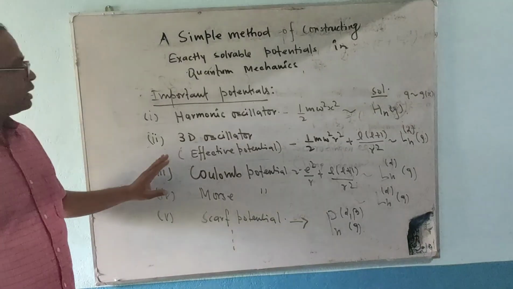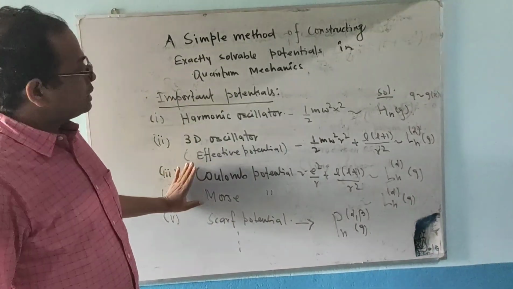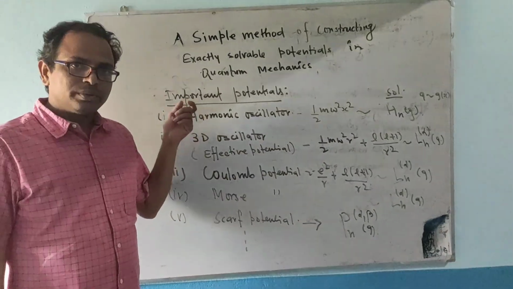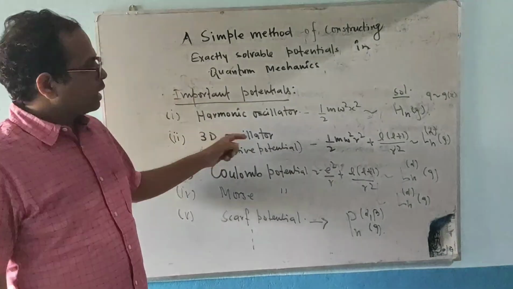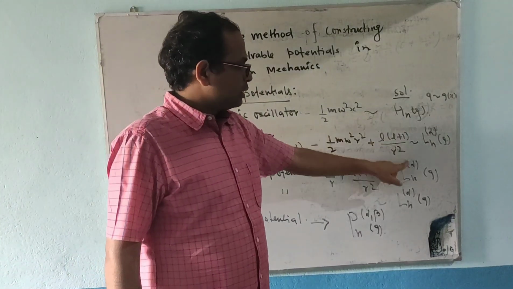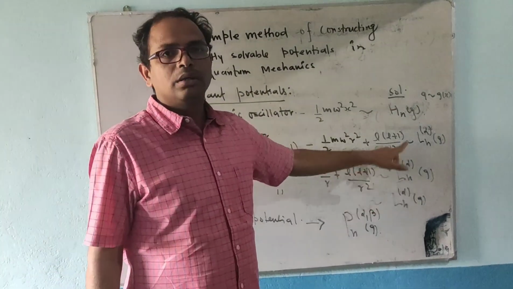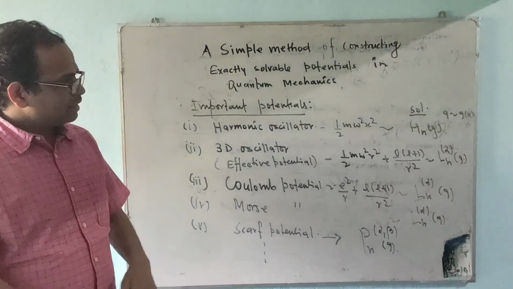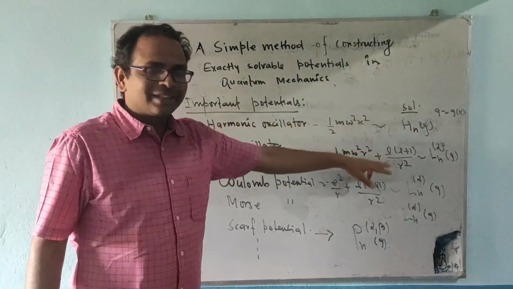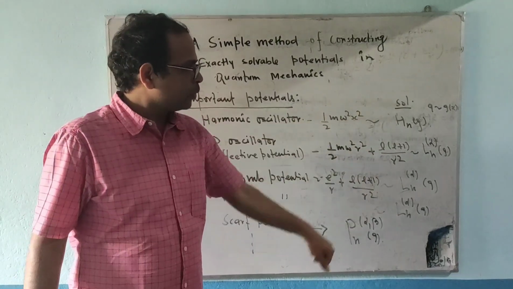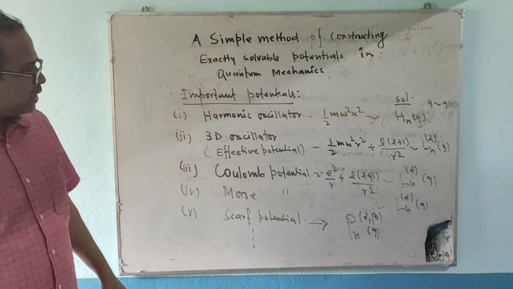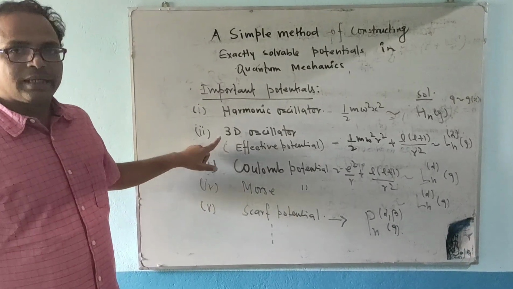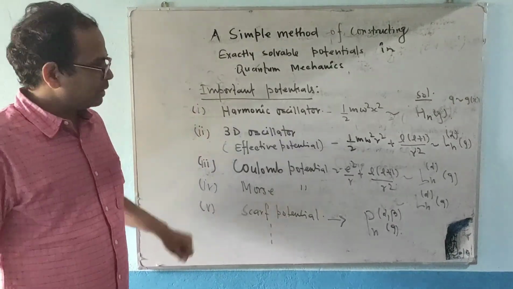So what we see, most of the potentials in quantum mechanics, the solutions of these types of potentials are associated with the orthogonal polynomials. So in other words, we can say these polynomials play an important role to get the solutions of these quantum mechanical potential problems.